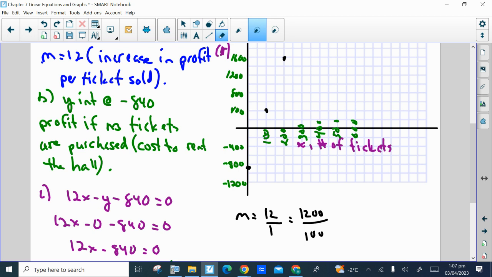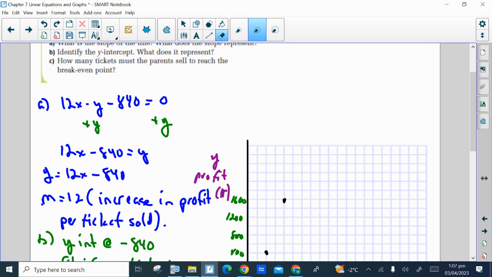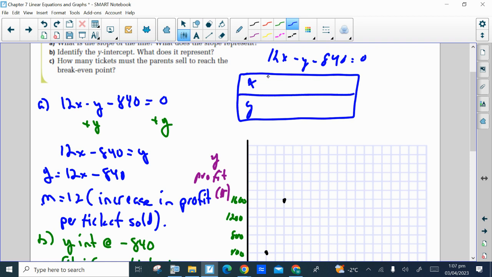Okay, so that was one way that we can graph them, by using the slope and y-intercept. But we have another option here. Another way to graph this is to set up a table of values using the original formula. So if we use 12x minus y minus 840 equals 0, we can set up a table of values where we'll just choose some values of x and plug them into the equation to find out what y is.